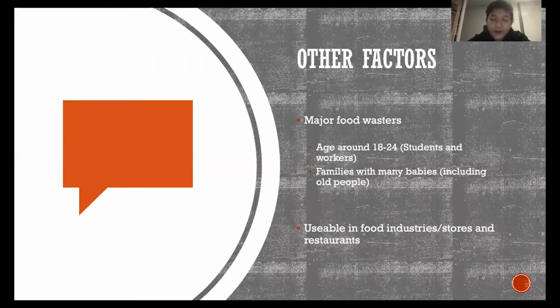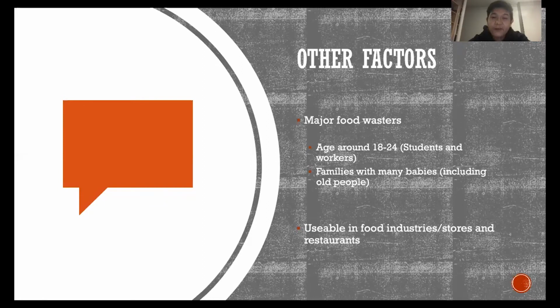There are also other factors that cause food wastage. Major food wasters are around age 18 to 24, who are workers and students. They are busy with their work and studies so they don't have time to check their products and they can expire.